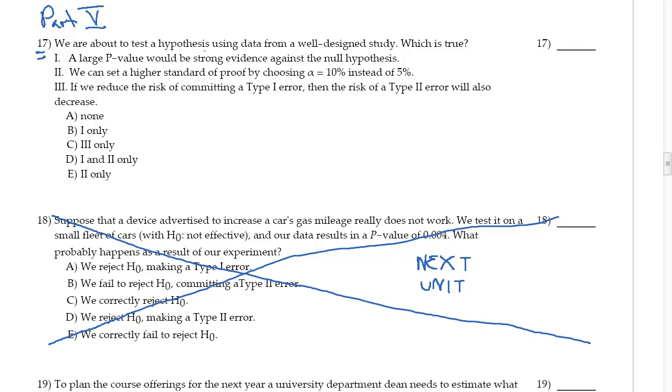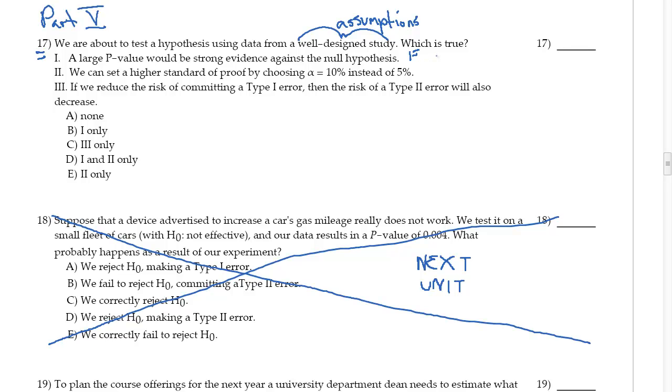We're about to test a hypothesis using data from a well-designed study. So obviously this is meeting our assumptions, which is really important, which is true. A large p-value would be strong evidence against the null hypothesis. Okay, that's false.